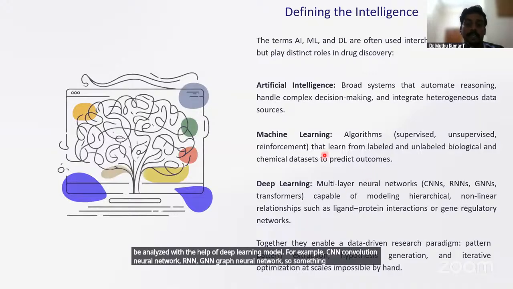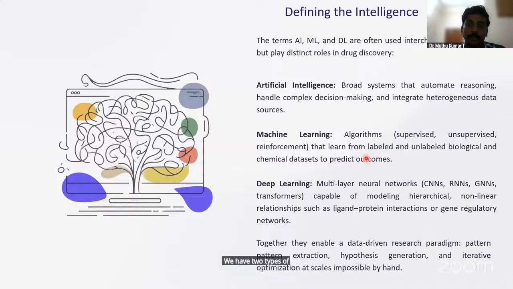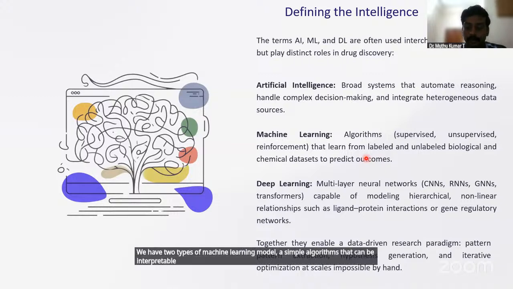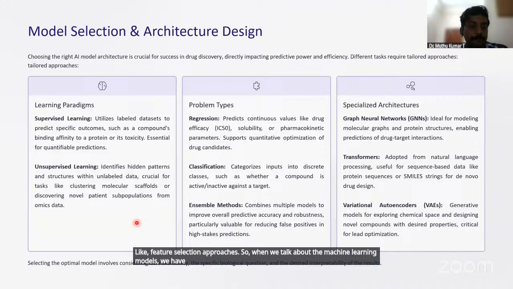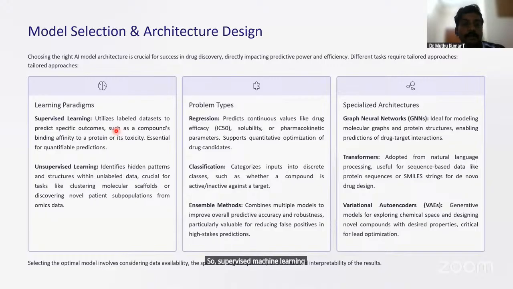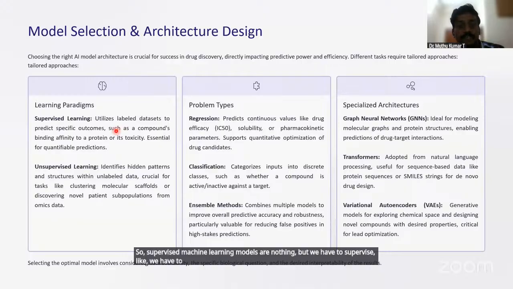When it comes to machine learning models, we have two types. Simple algorithms that can be interpreted with the help of feature selection approaches. So we have supervised machine learning models and unsupervised machine learning models. Supervised machine learning models are ones where we have to supervise, like we have to provide instructions to the machine: you have to perform like this.